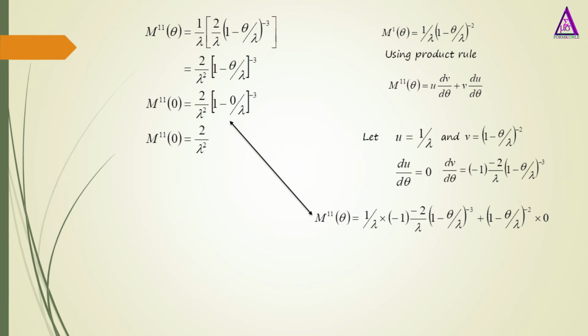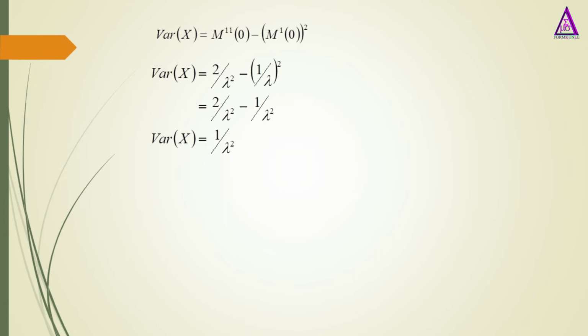We have this when we differentiate the moment generating function of the exponential distribution twice, and when we equate theta to 0, we have 2 divided by lambda square. So the variance of the exponential distribution using the moment generating function method is now equal to 1 divided by lambda square.